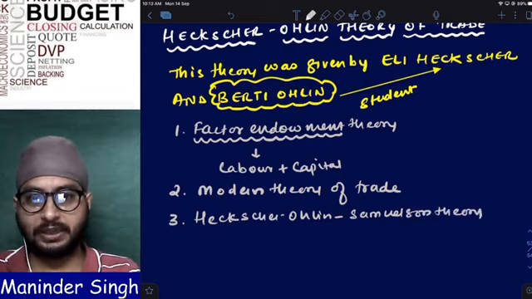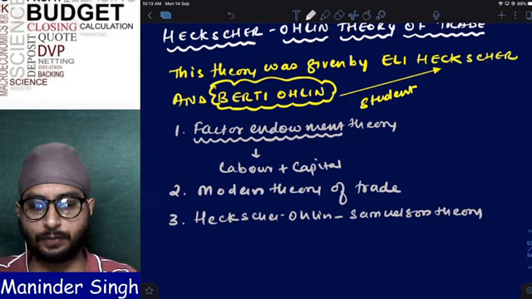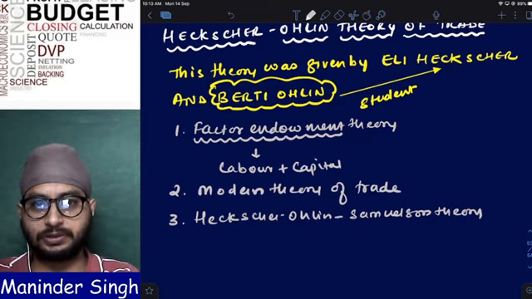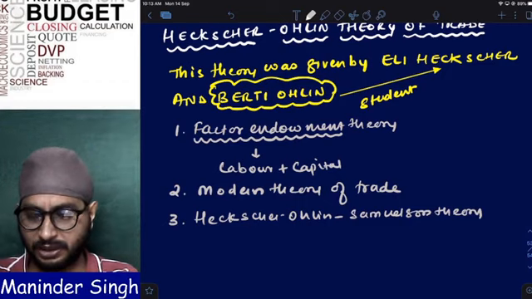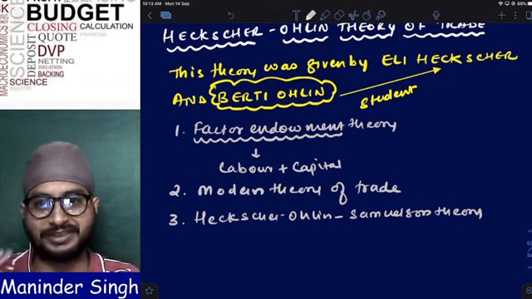Have you heard about Paul A. Samuelson? They have also taken some inputs from that person's theory. That is why it is also called the Heckscher-Ohlin-Samuelson theory.